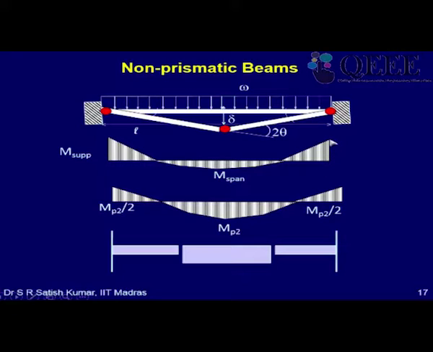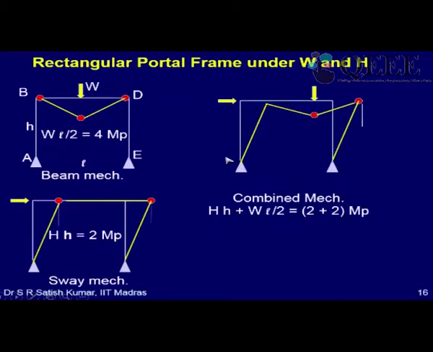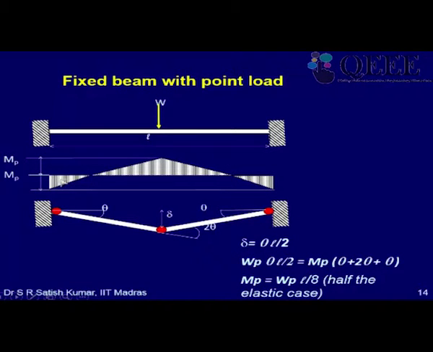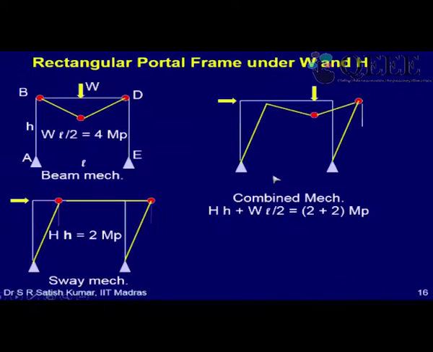But then the same section provided throughout will not be so efficient, and consequently it will not be an economical solution. So what I try to do is I use plastic analysis, and as a consequence I may want to make these moments equal, right? If they become equal, then I can use the same cross section throughout. That's an advantage I get.